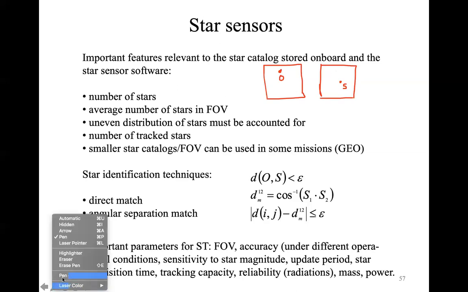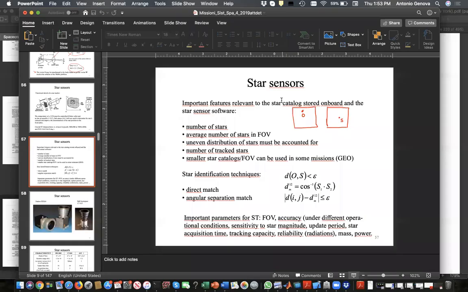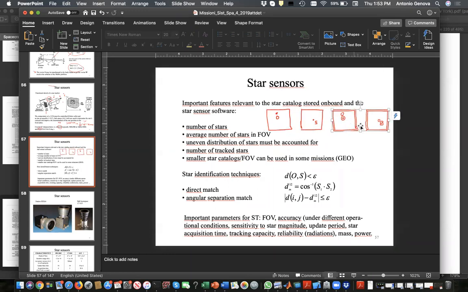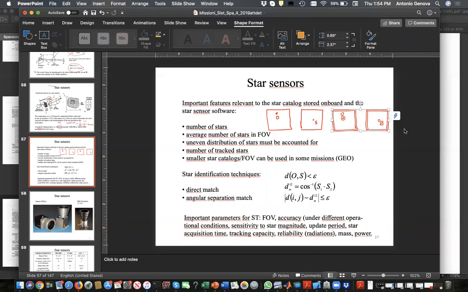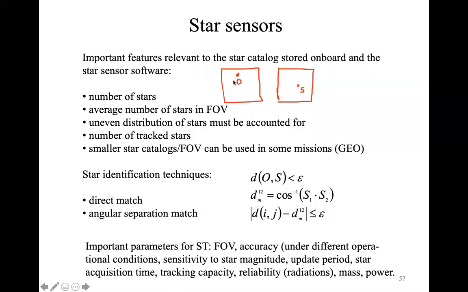So the first method that you can use to identify a certain star is doing what is called direct match.